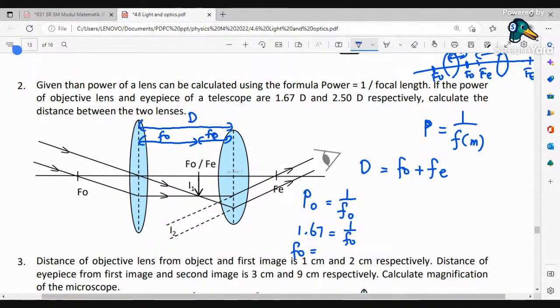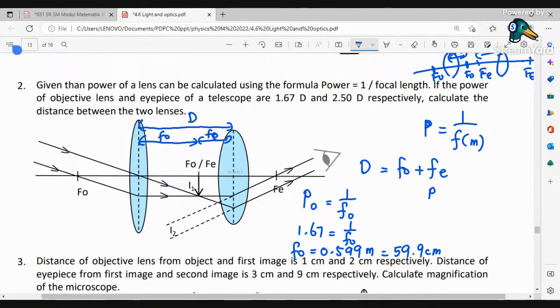Means 1 over 1.67 lah. 0.599 meter. Ini dapat dalam meter. So you convert, you dapat dalam cm ialah 59.9 cm.